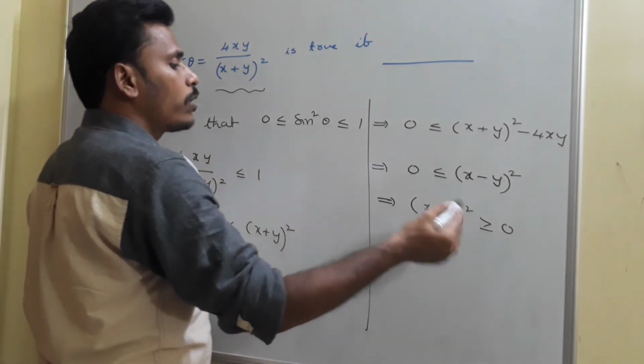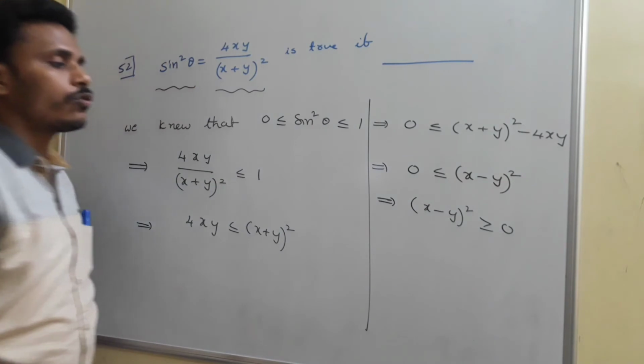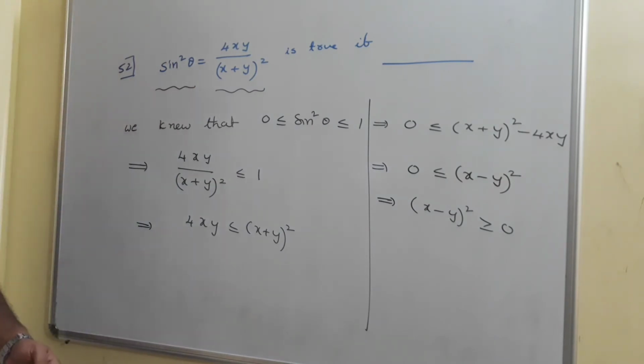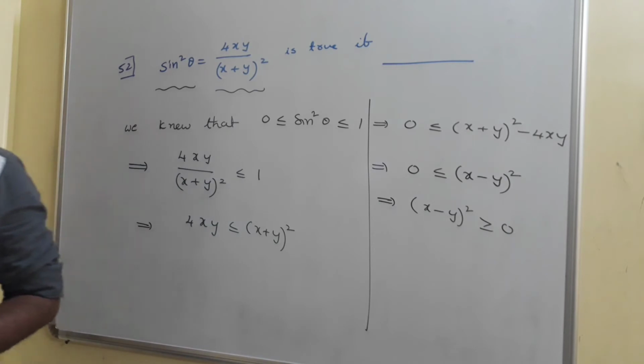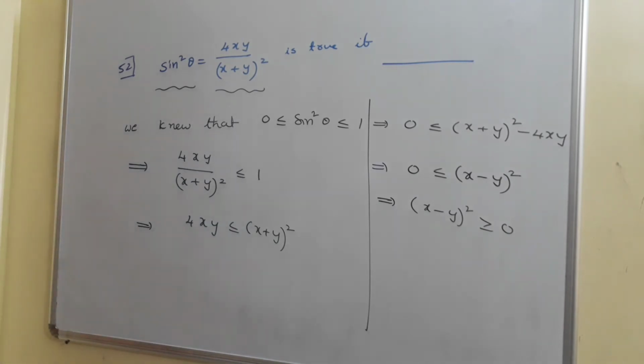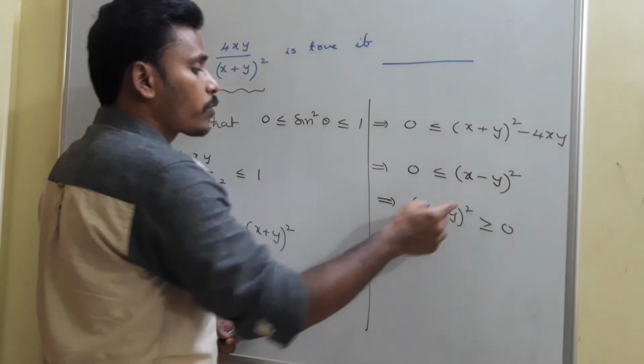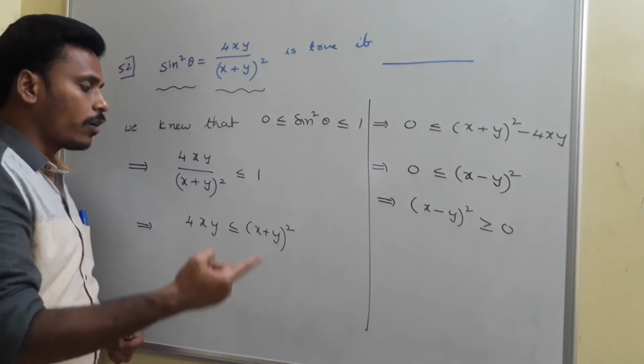Something square is always greater than or equal to 0, right? (x minus y) whole square is always greater than or equal to 0.